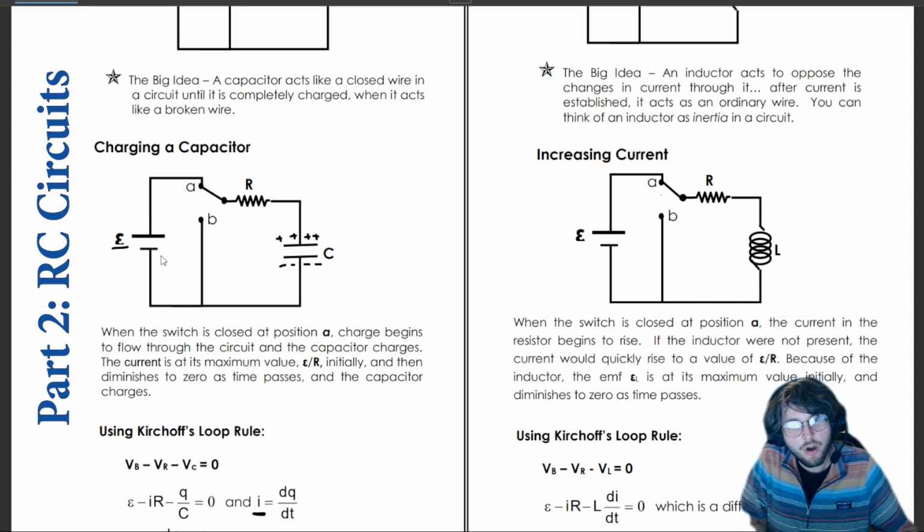As that's happening, because there's this increasing amount of potential that's opposing our power source here, you're reaching a point where the charges along the way aren't really going to know what to do. Because if there was no potential over here, they would have tons of motivation to complete the circuit all the way through.